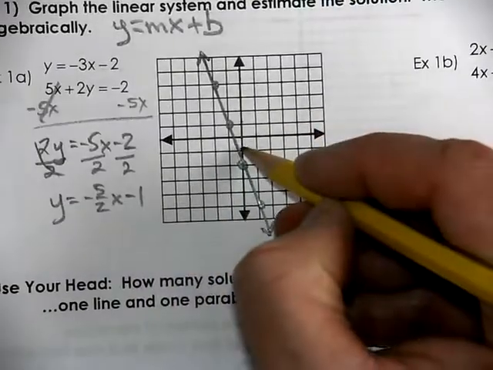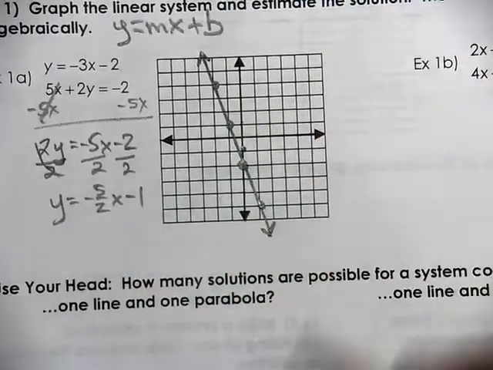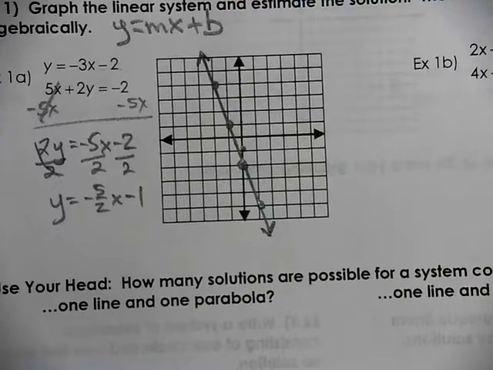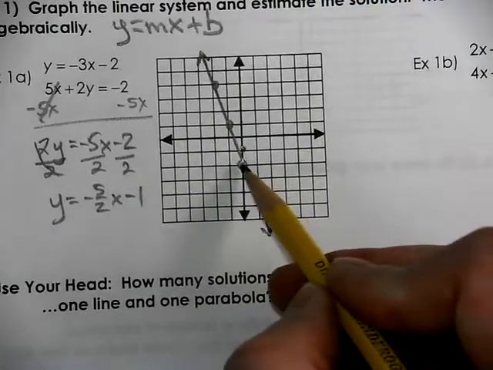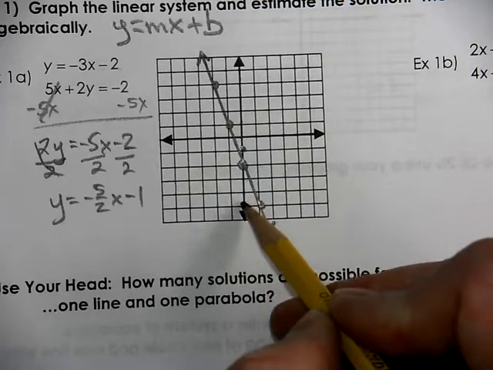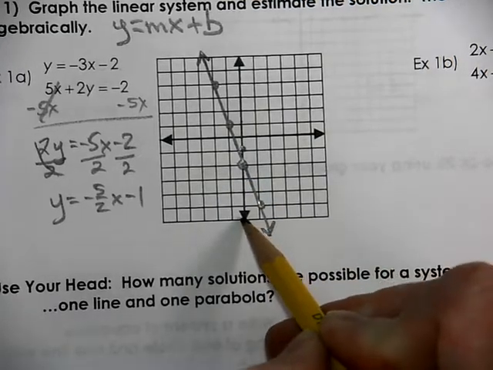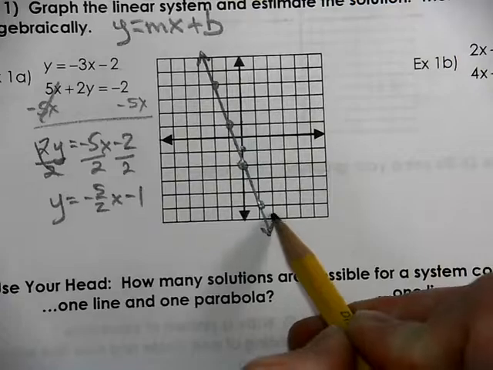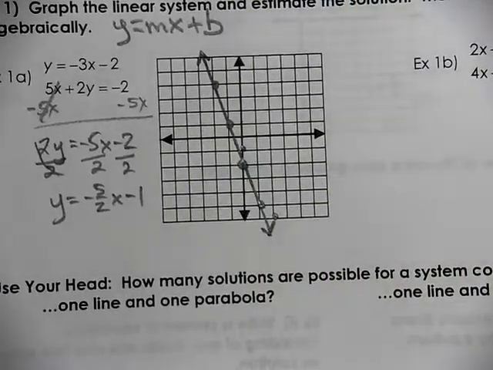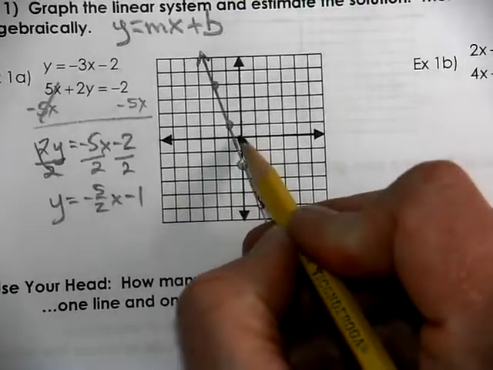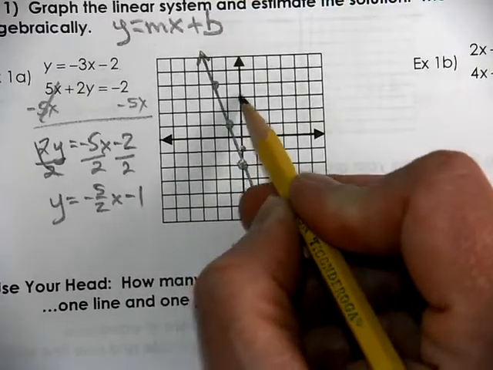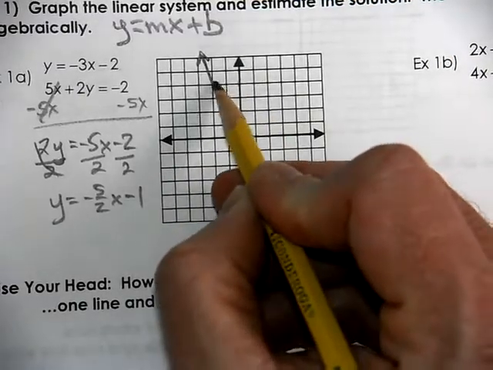So we're going to be at -1, which almost is touching. Then we're going to do a slope of -5, +2. Doesn't miss by much. And then we're going to do +5, -2.